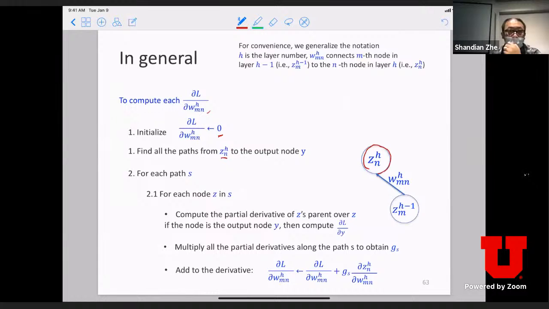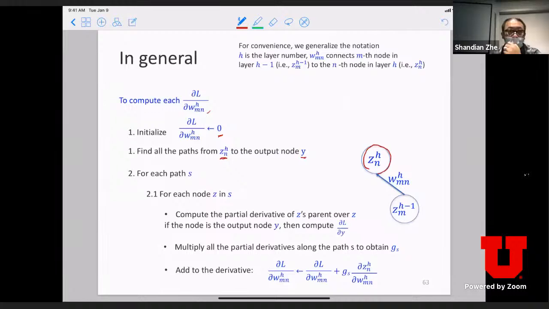We find all the paths from Z_n^H to the output node Y. In our previous simple case, you only found one path, but in practice, because of the large architecture, you might have multiple paths. So don't forget any of those paths.